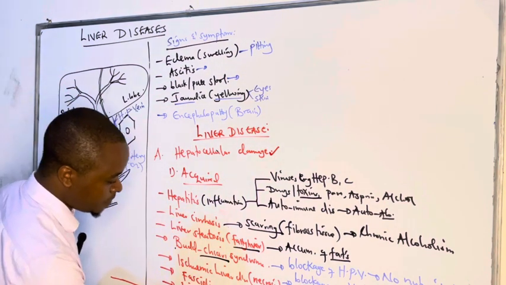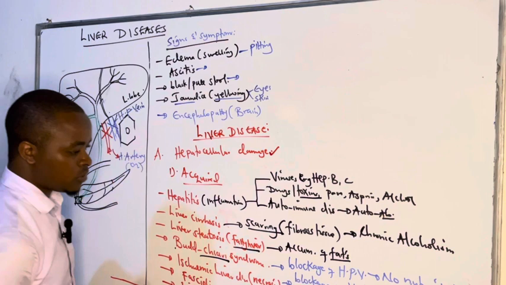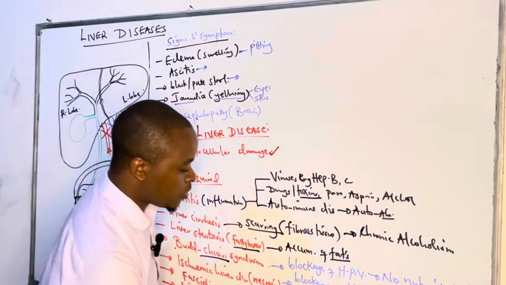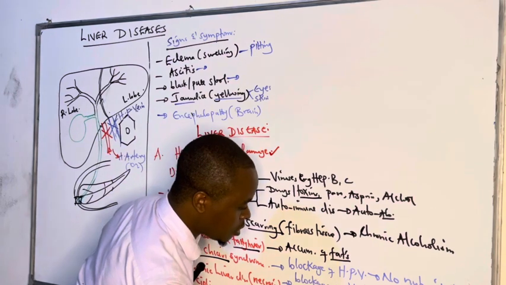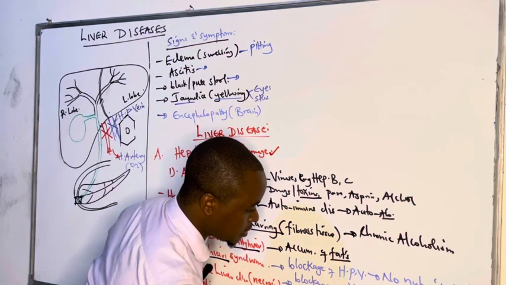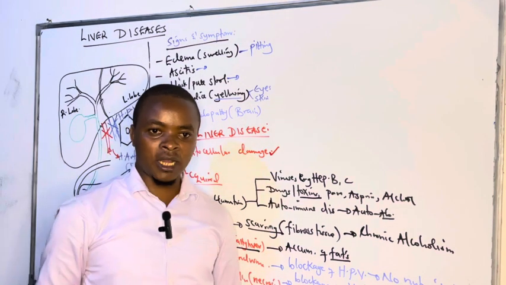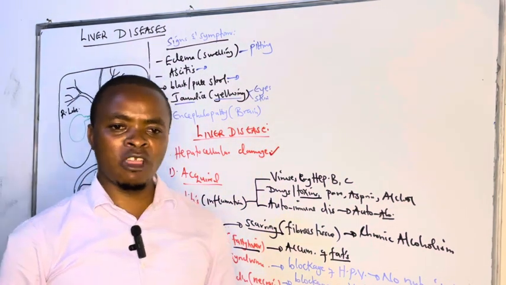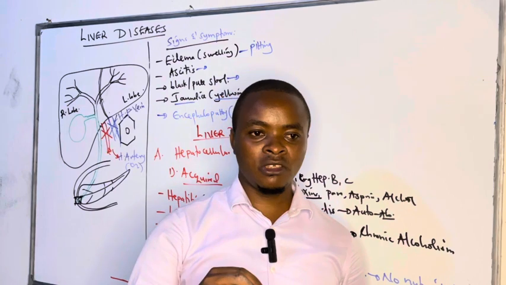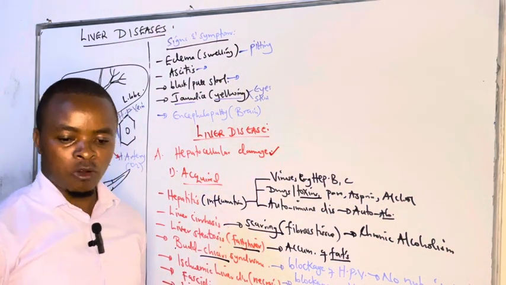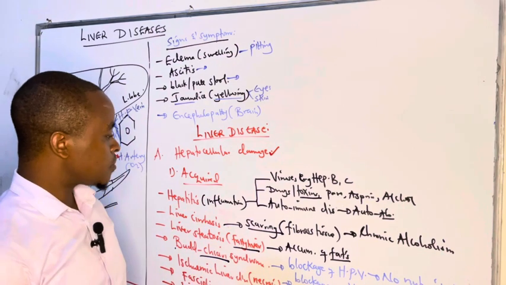And this liver cancer is also diagnosed by doing what we call alpha-fetoprotein. Alpha-fetoprotein is a test that the lab utilizes to rule out liver carcinomas. So whenever you are suspecting liver cancer, you can request serum alpha-fetoprotein to rule out liver carcinomas.